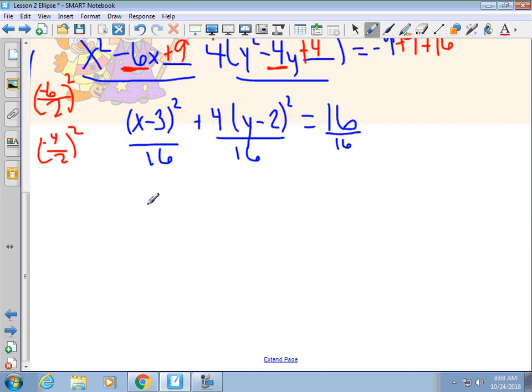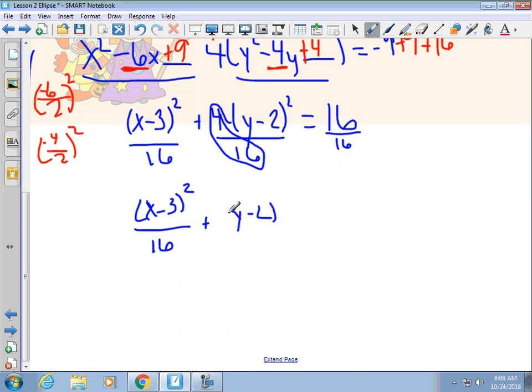Okay, so we're going to get (x minus 3) squared over 16 because there's nothing to simplify there. There wasn't a number out in front. Now we have a number 4 out in front here, and we're going to simplify 4 over 16. When we simplify 4 over 16, we're left with a 1 in the top.